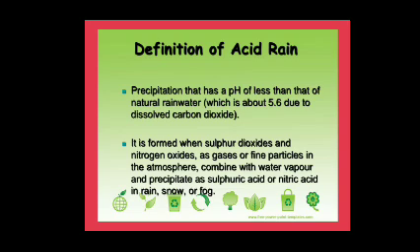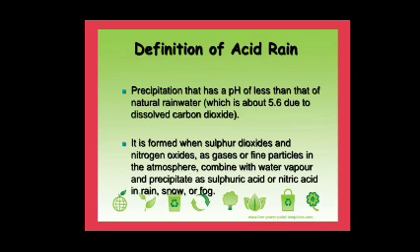Acid rain is an environmental problem that has no boundaries. It literally means the presence of excessive acids in rainwater.